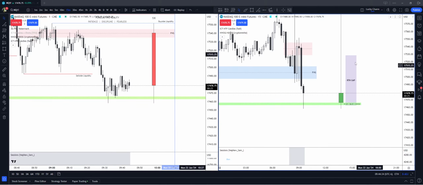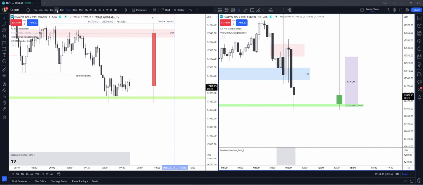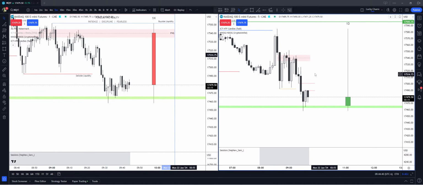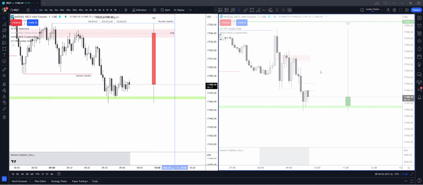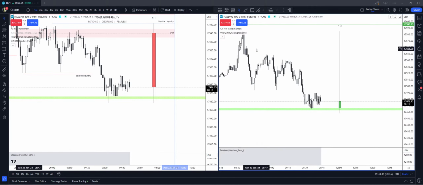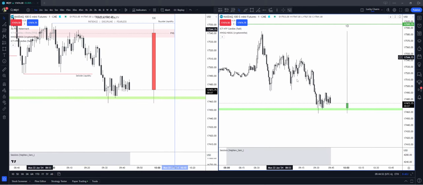Most of the time, people get market maker sell or buy models completely incorrect, and they view it incorrectly, and they probably take a lot of losses. Unless I see a market maker buy model that's extremely clear to me and it's paired with my narrative and time, then obviously I'm going to utilize that information. But in here, I don't see a market maker sell or buy model at all.